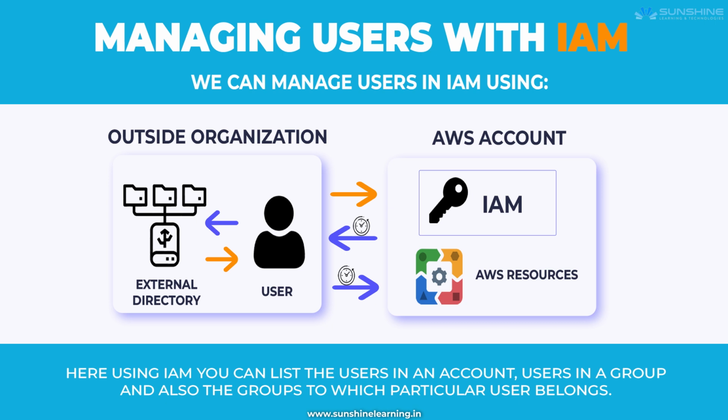There are multiple ways you can add or manage the IAM users. You can add the user directly to IAM. You can add the users in a group also. And the other way is you can integrate Active Directory. If you have any external directory of user details, you can integrate it with IAM, and from there itself you can manage the login credentials.